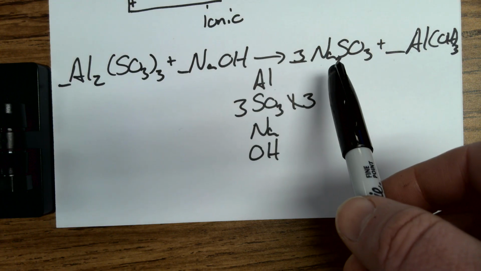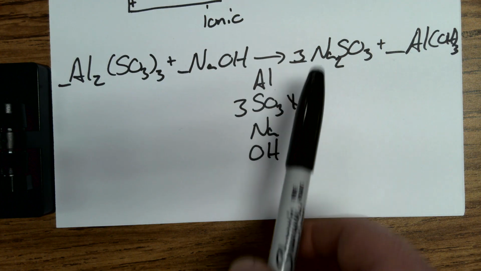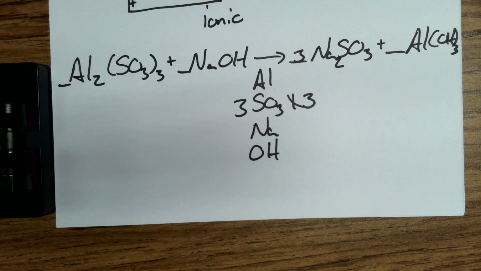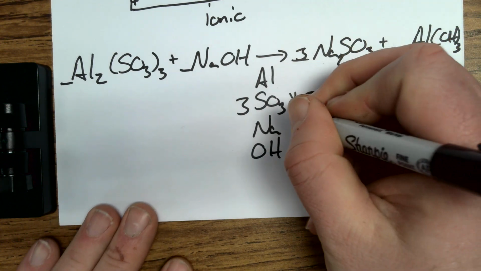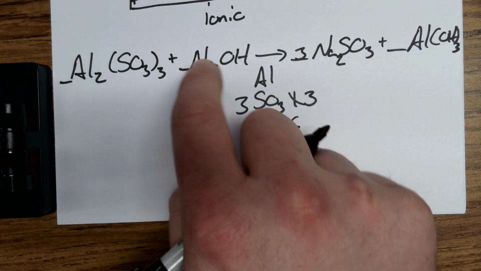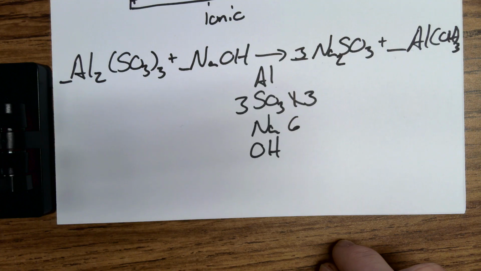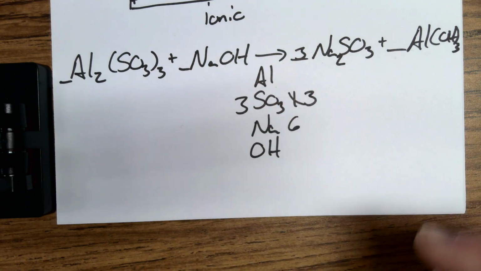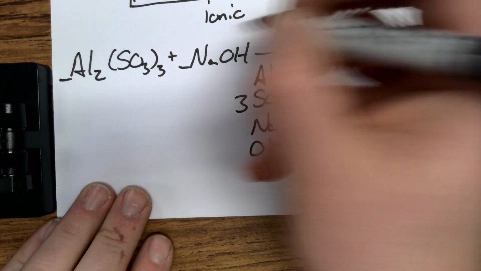I now have 3 times 2 sodiums. That gives me 6 sodiums. What am I going to put in front of the NaOH so I have 6 sodiums on this side? 6.